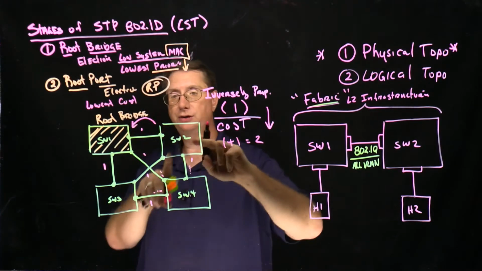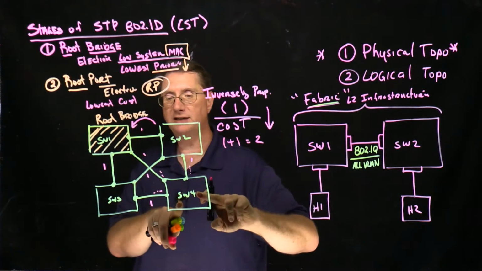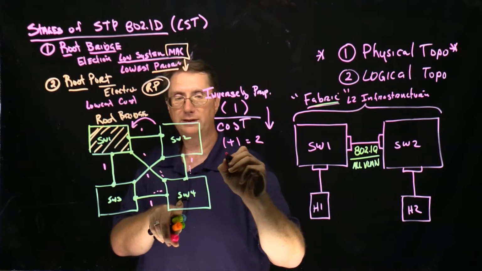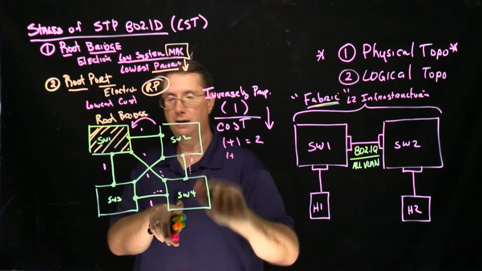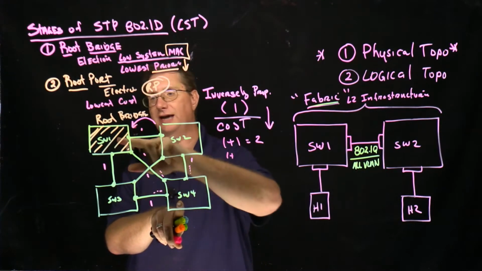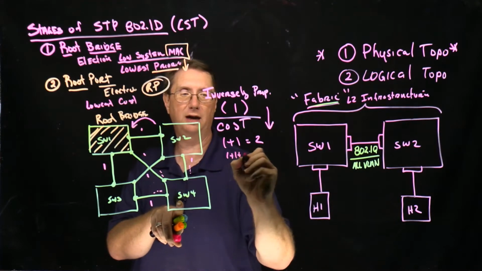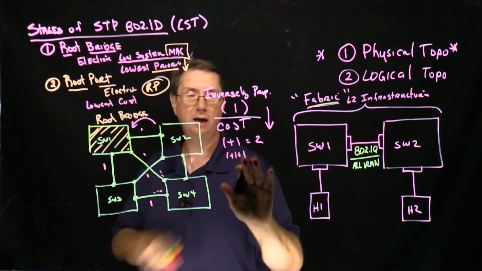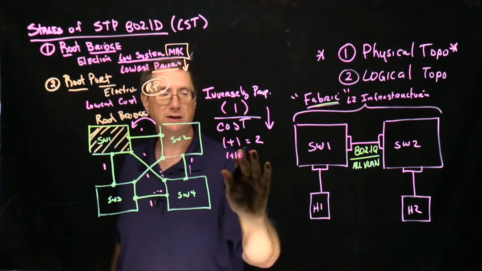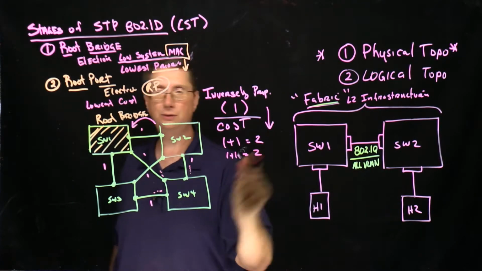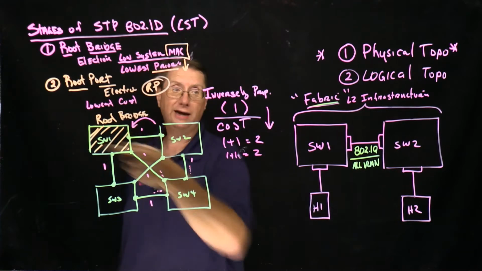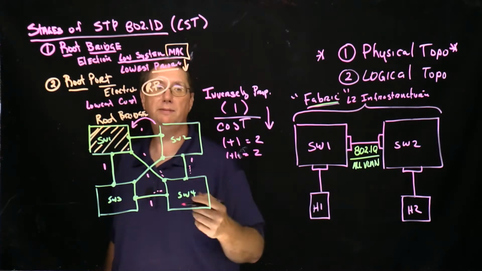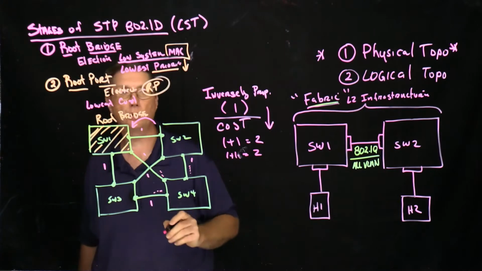Another solution is from SW2 to SW4, a cost of 1, and then from SW4 to SW1, again a cost of 1, which again would be 2. Now, going straight across the link horizontally is going to be a cost of 1. So that's the link that I'm going to use.